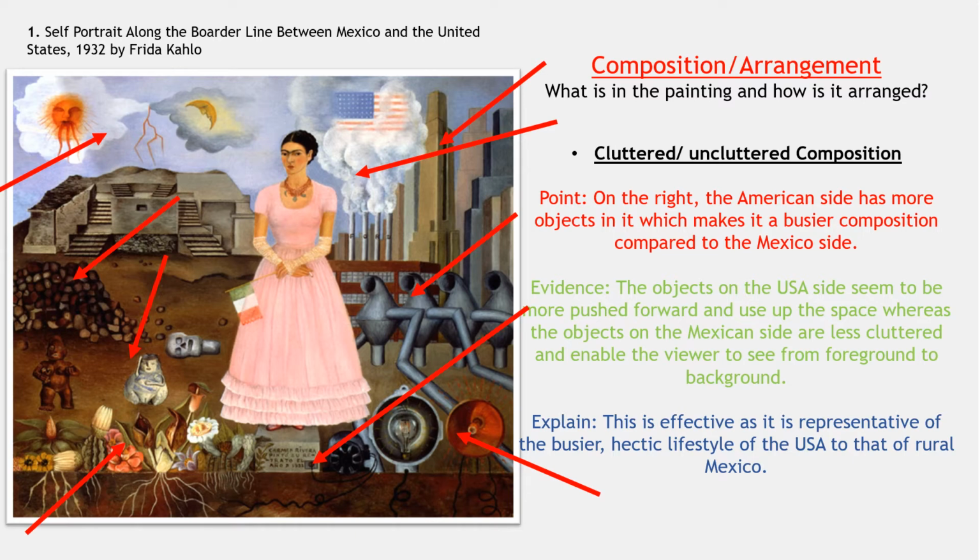Well, the objects on the USA side seem to be more pushed forward and also use up the space, whereas the objects on the Mexican side are less cluttered, they're more spaced out, which then enables the viewer to see the foreground, the middle ground and the background. This is effective as it could represent the busier, more hectic lifestyle that Frida Kahlo was living in the USA compared to that she would live in Mexico.